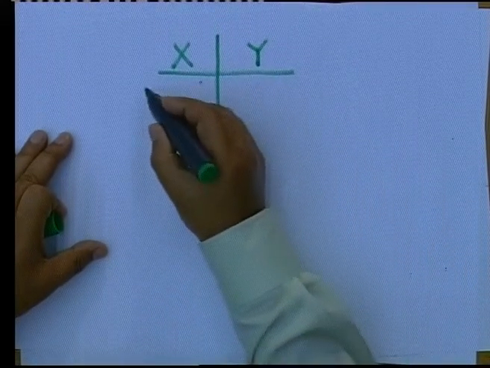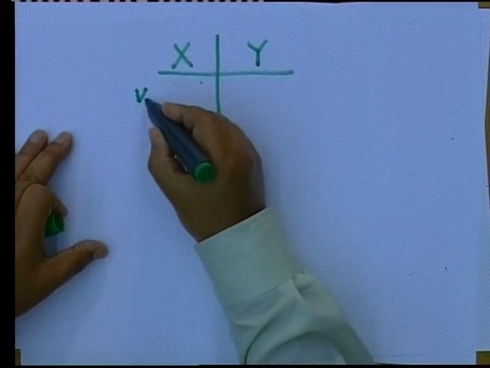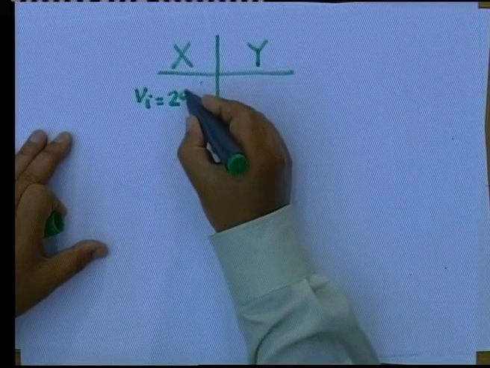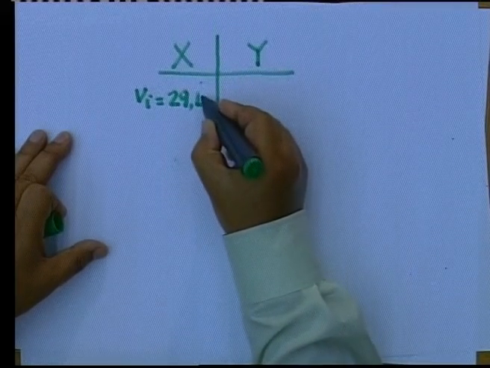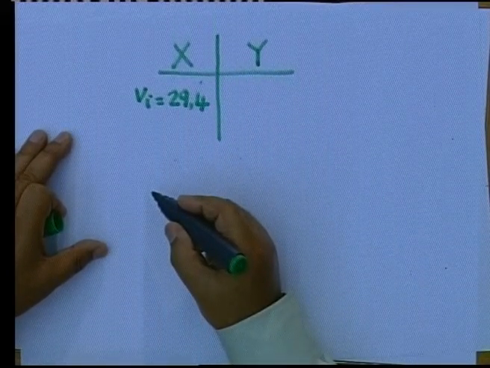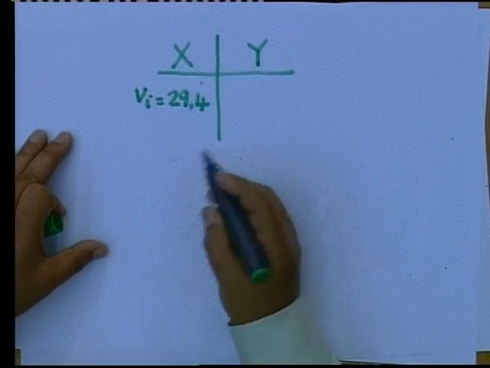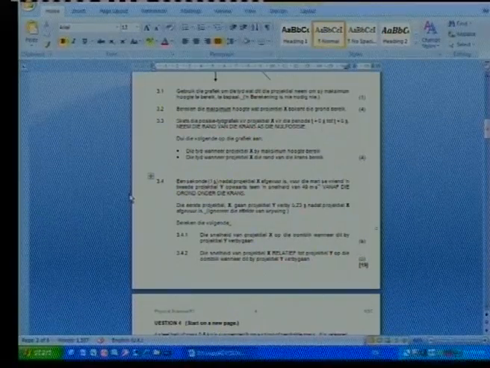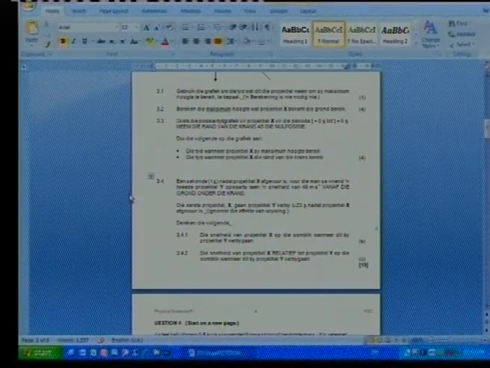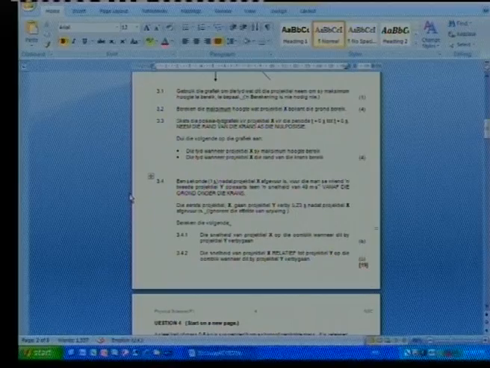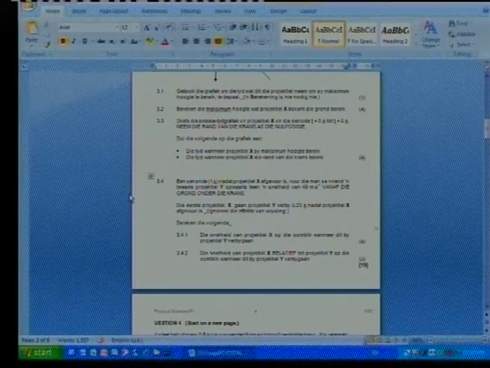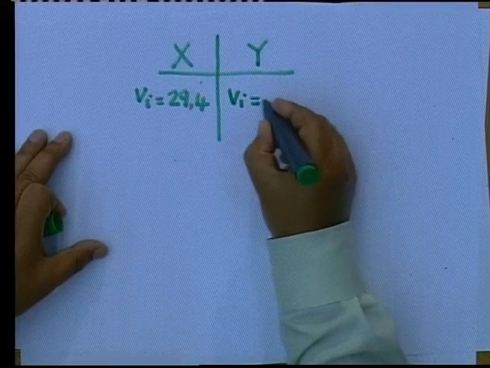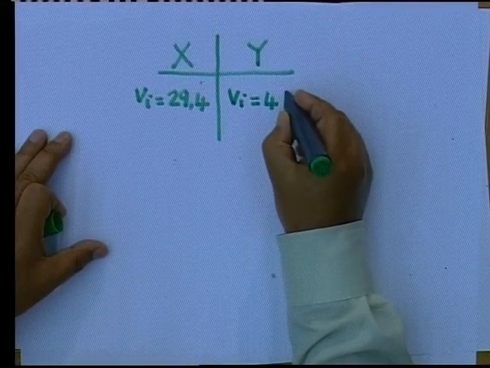First of all, the initial velocity of this one, I remember, was 29,4. I think the initial velocity, if I look at my question paper, and I want you to do so too, the initial velocity of projectile Y is 49 meters per second. So the initial velocity here of this one is 49 meters per second.